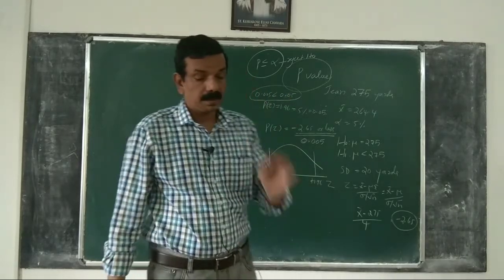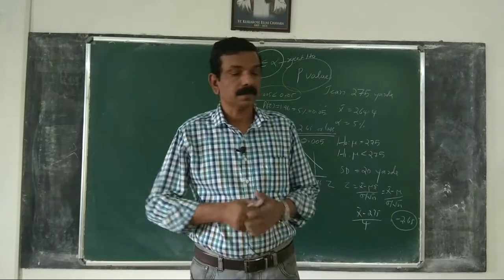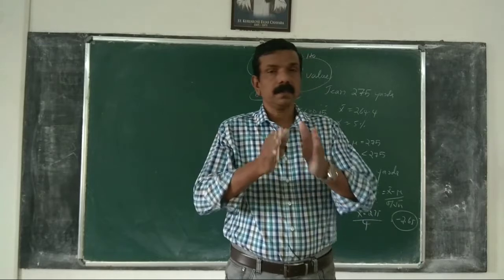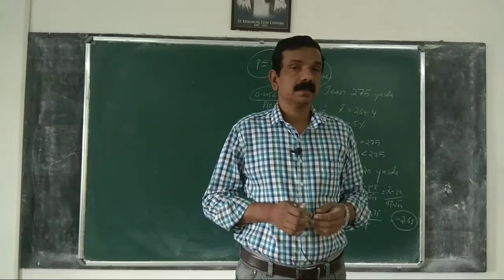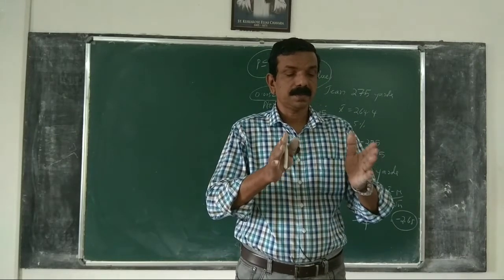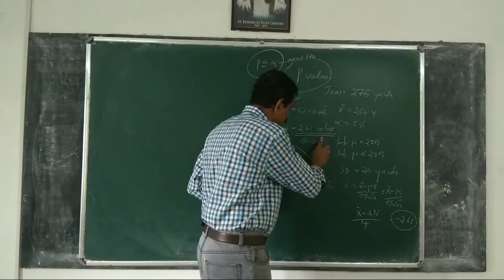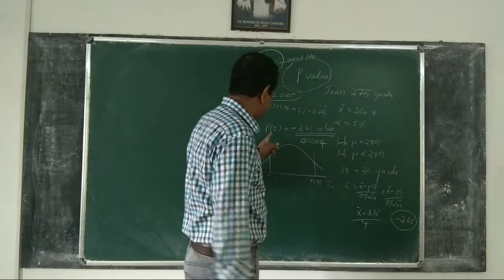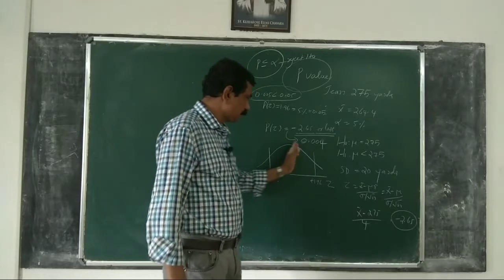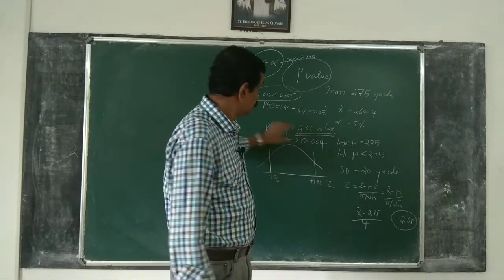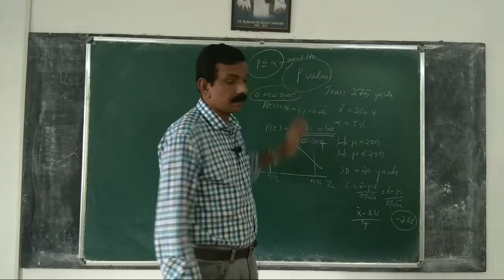As the p-value is less than the level of significance, we reject H0. So, we obtain the p-value of the observed test statistic and compare it with the specified significance level.